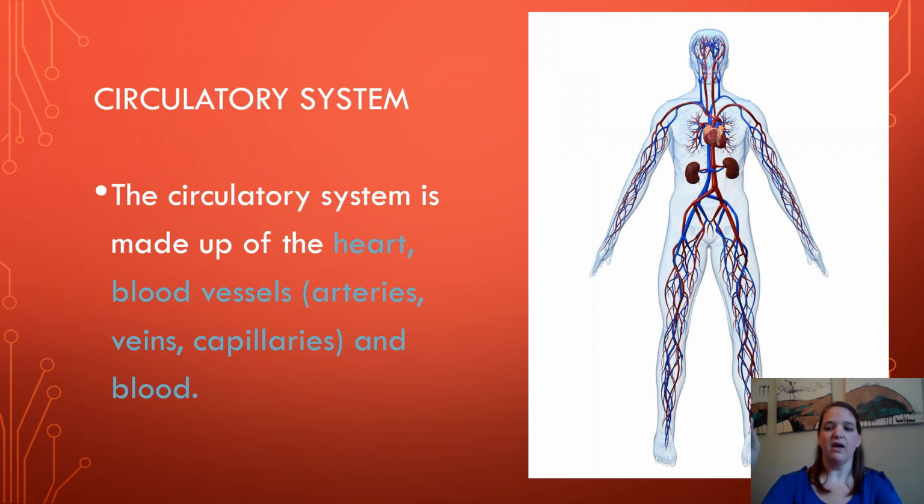So you can kind of think of it as little arrows. Actually, if I get a color here, we can draw little, I think of it as little V's, right? Little V's or arrows going back toward the heart. So those would be veins bringing it back toward the heart, and that would be deoxygenated blood. And then arteries are going away from the heart.